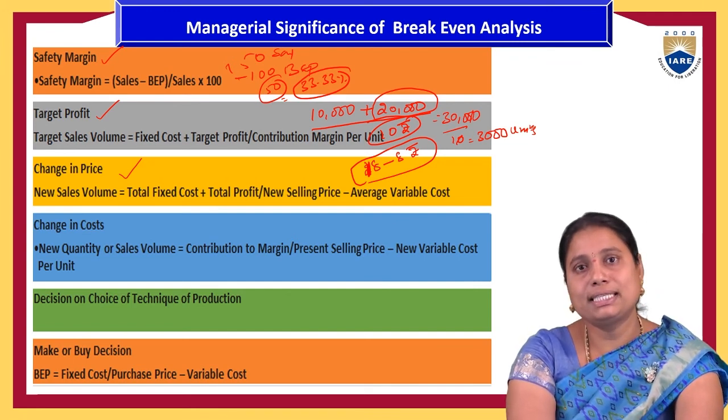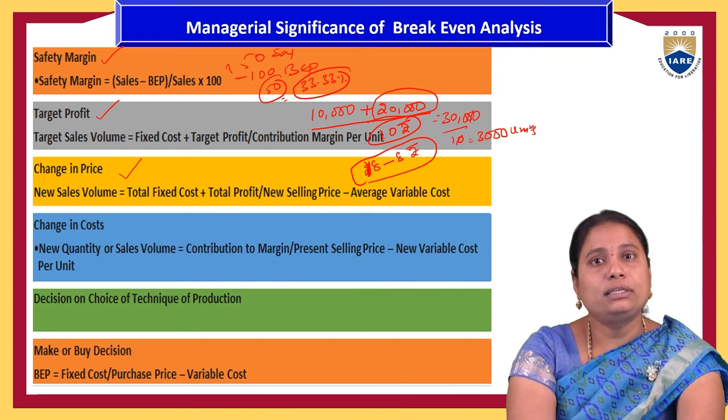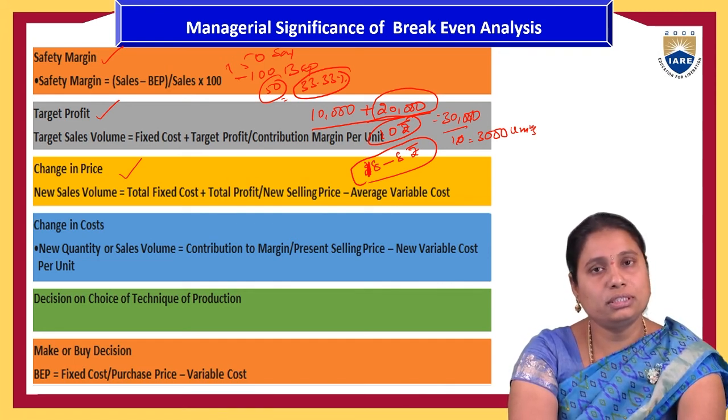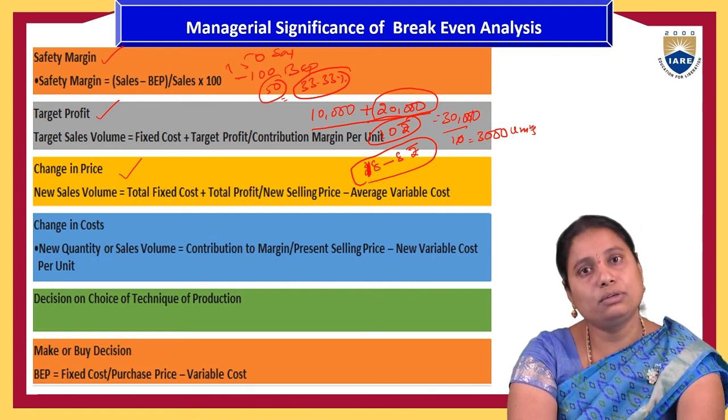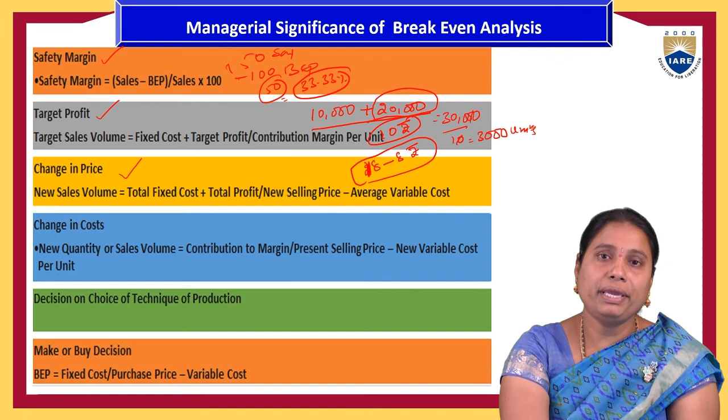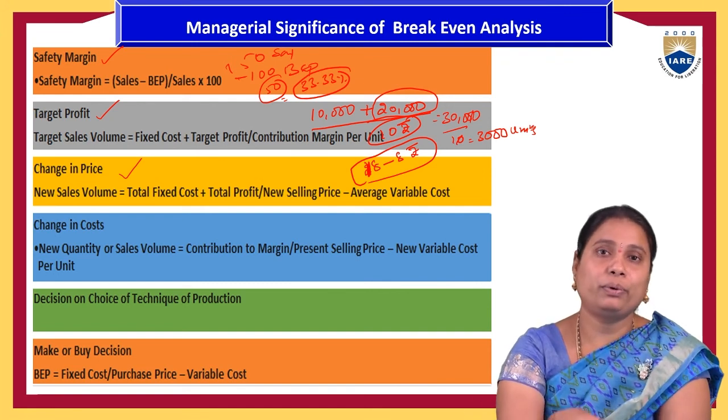That can also be easily calculated. Decisions on technical substitutions in production can also be made with break-even analysis, and the make or buy decision is a very important one.